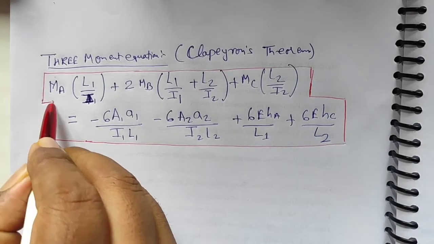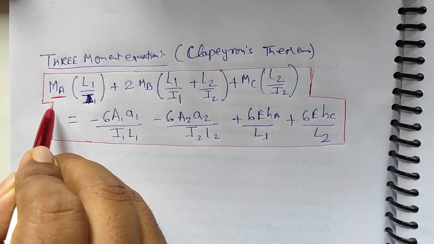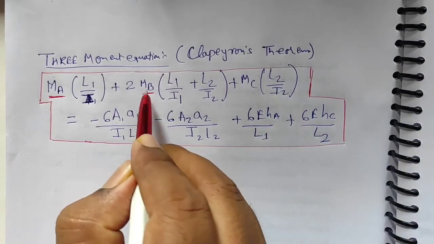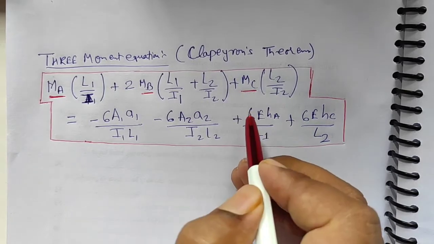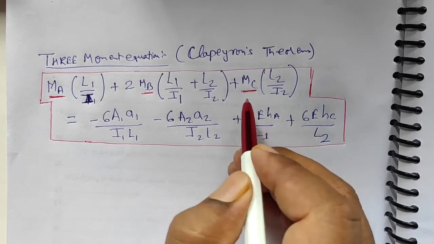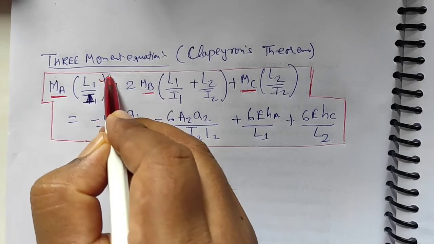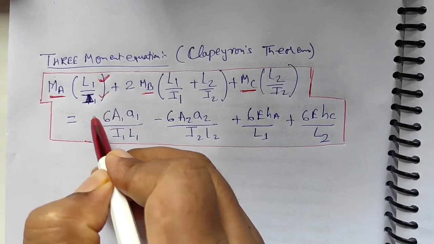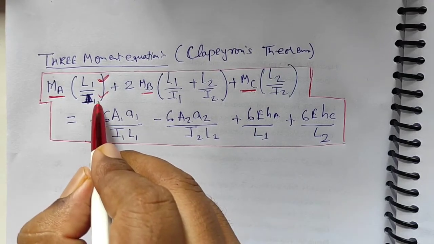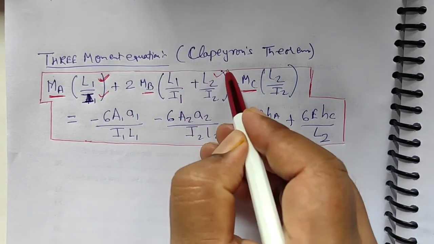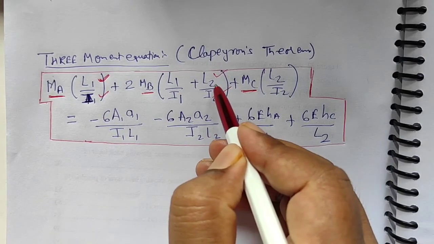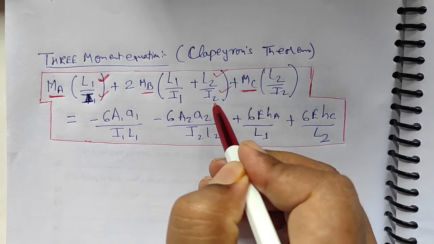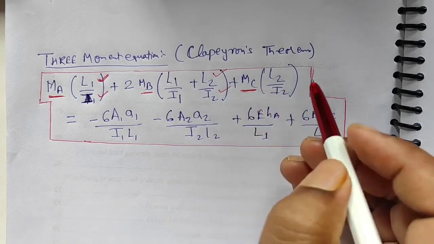First, MA is the moment at the end A. MB is the moment at support B. Similarly, MC is the moment at C, whereas L1 is the length of the member AB and I1 is the moment of inertia for the beam AB. Similarly, L2 and I2 are the length of the beam BC and moment of inertia for beam BC respectively.